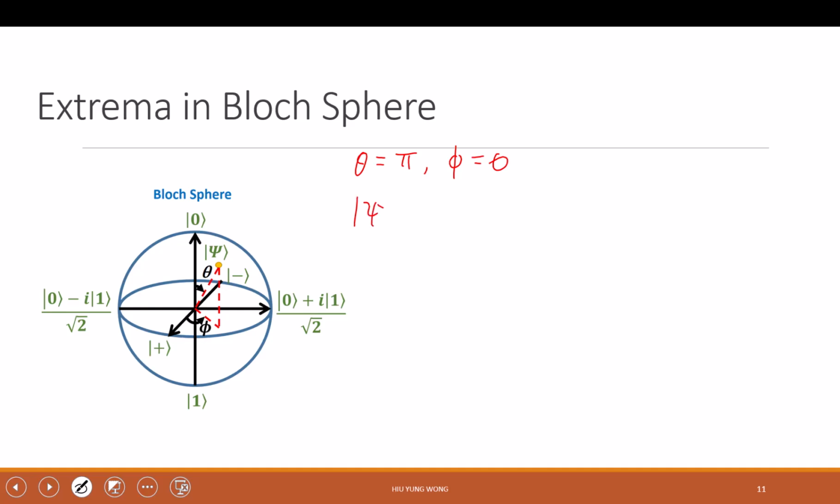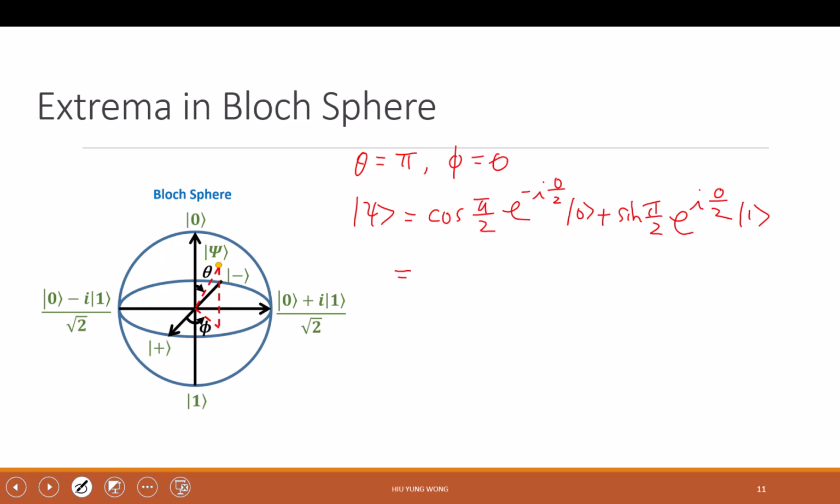Let's just check, is psi equal to cosine pi divided by 2, because this is theta, e to the power negative i0 divided by 2, 0, plus sine pi divided by 2, e to the power i0 divided by 2, 1. And the first term, cosine pi over 2, is 0, right?